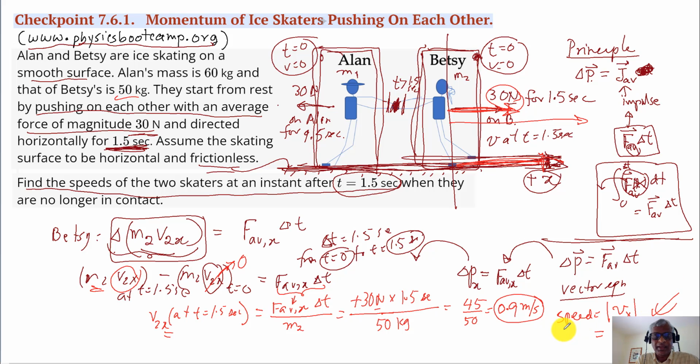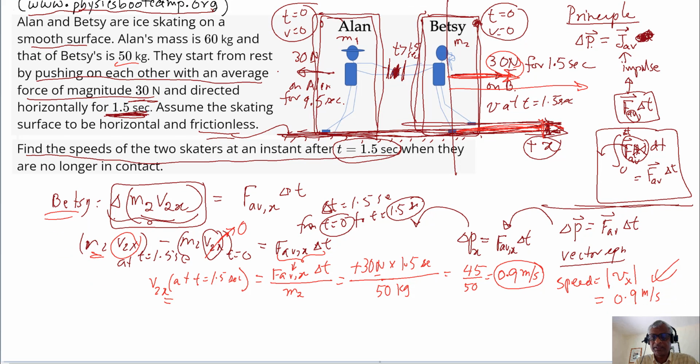So that's got A. This is one of them, for Betsy, and we can do a very similar thing for Alan. However, because the force is only between them, and this force is not an external force, for Alan we have a choice here.